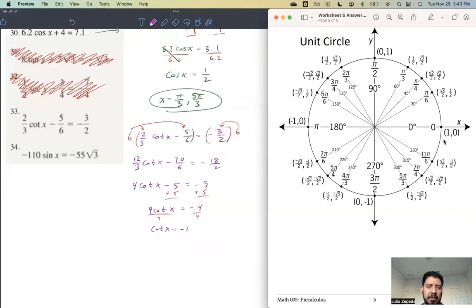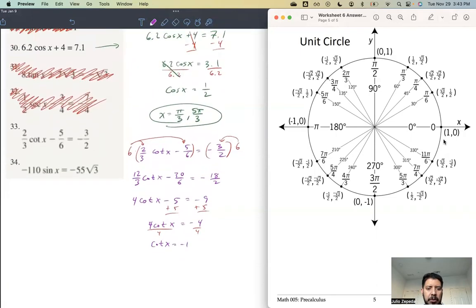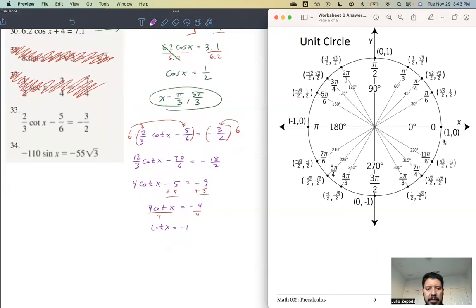Now the cotangent is going to be very similar. So cotangent of x is equal to negative 1. Remember, tangent of theta is y over x. Cotangent of theta is x over y.